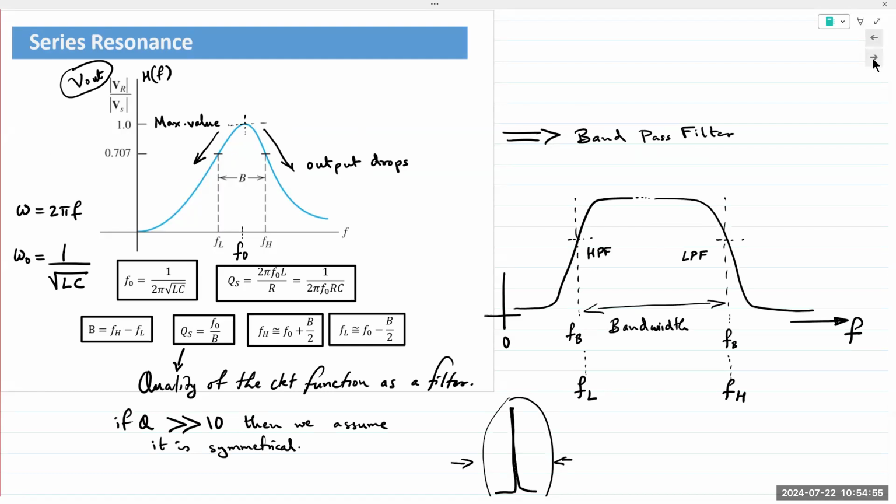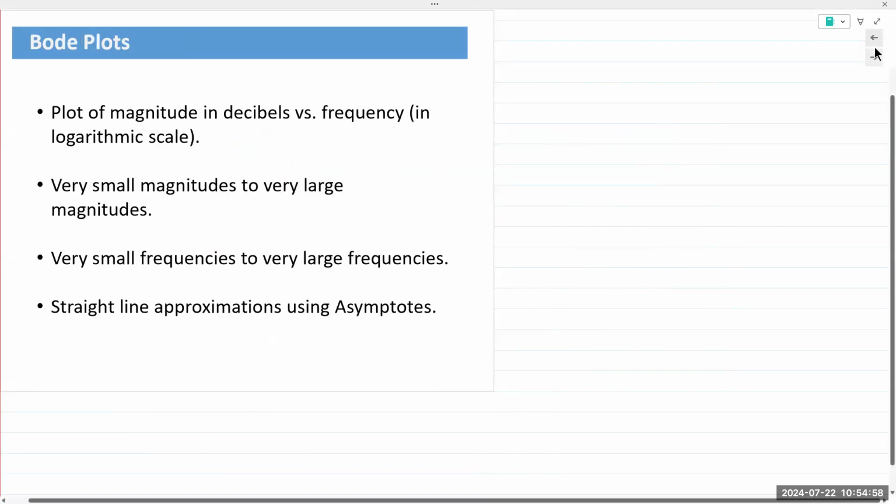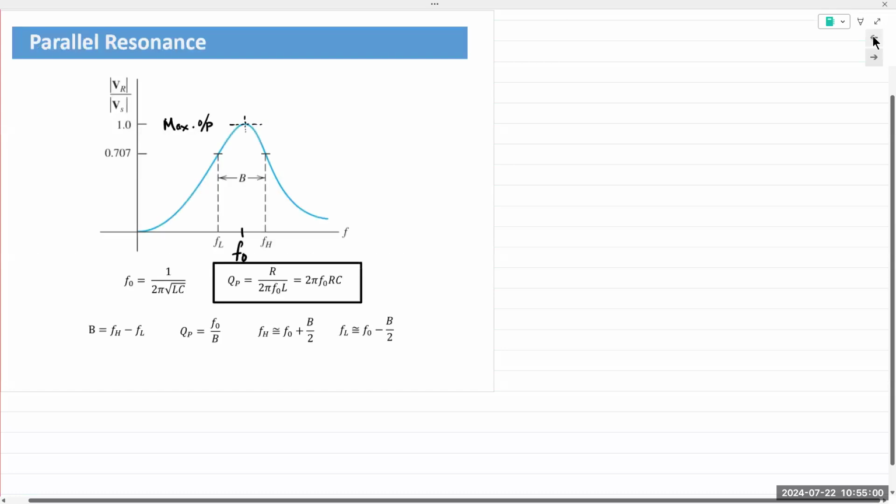All right, so that concludes resonant circuits. Let's take a longer pause.